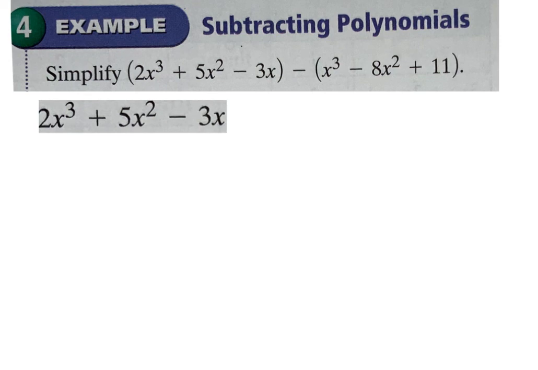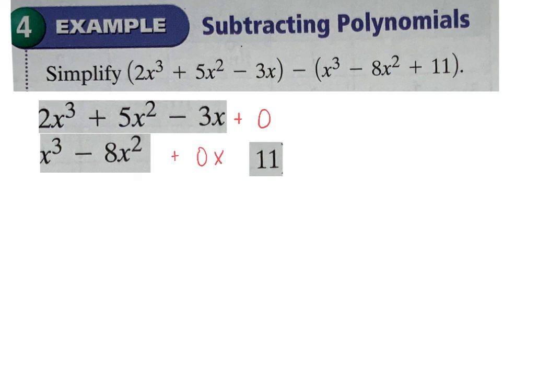When you do the vertical method, you have an x cubed and you have an x squared in your second one, but you do not have just an x. You have this 11, all right? And so you have to be careful because you have to think of it like a plus 0 and then a plus 0x, when you do this vertical method.